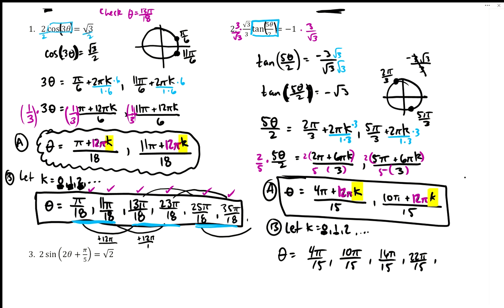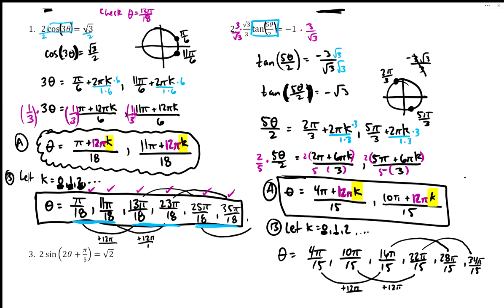There's an addition of 12 pi to the numerator here, and an addition of 12 pi here. I want to keep it going. So I'm going to add 12 pi to this answer again, giving us 28 pi over 15. And if I add 12 pi to this one, we would have 34 pi over 15.